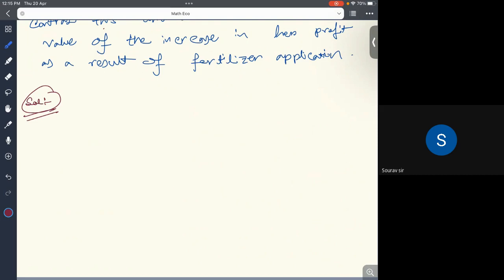Okay, now we know that to maximize profit, the farmer needs to determine the quantity that she should produce and sell, right?